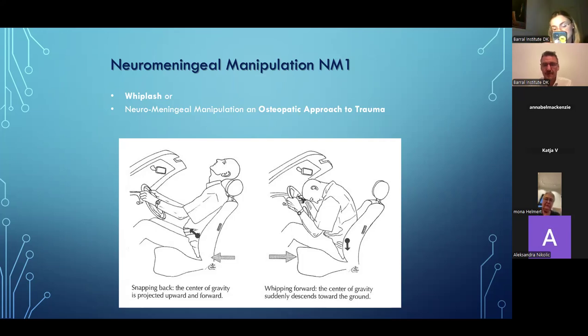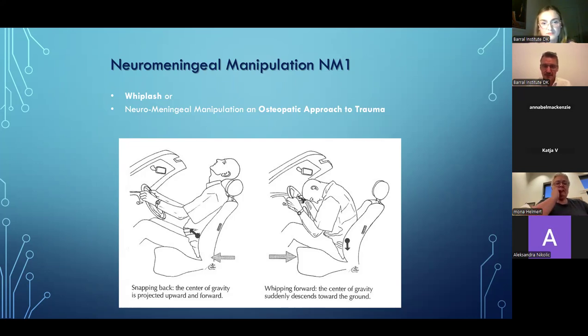With the force coming onto the seat, we're being pushed forward in our lumbar area and into the sacrum, and the head will be slung back, sort of. So the snapping back of the head, we have the center of gravity pushed forward. But then after that, we're being released and whipped forward with the head heading towards the steering wheel, like a whip.